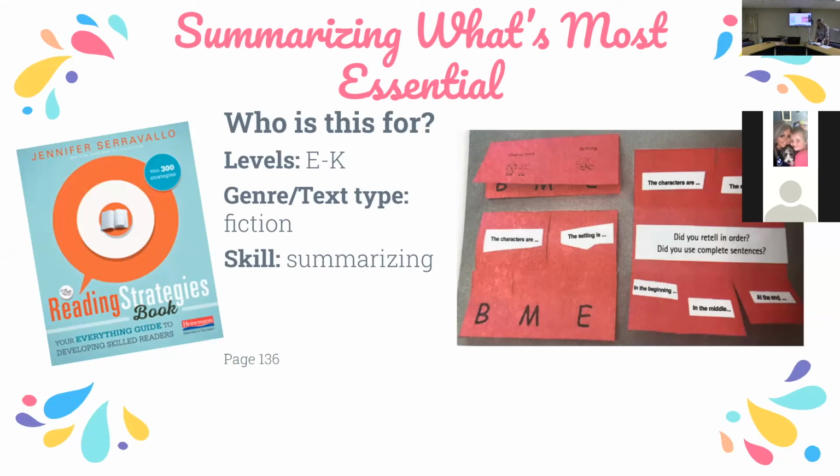And what our kids want to do is tell you everything that happened. It's not a summary. Anything they can remember, they tell you and they think that's their summary. So what this does is, like the title, it's what's most essential. So what we're teaching them is how to determine what's important and how to tell just the key facts and put it into a summary.